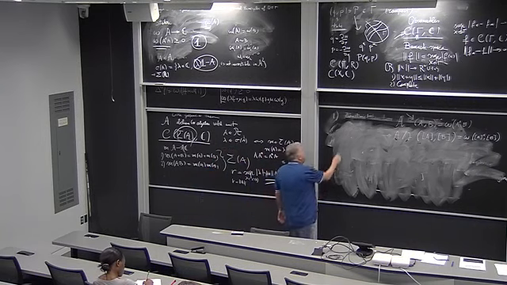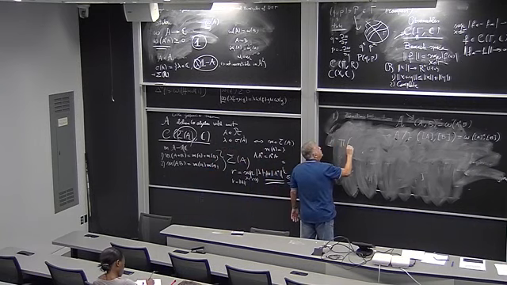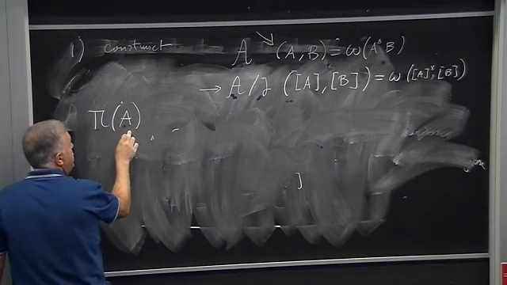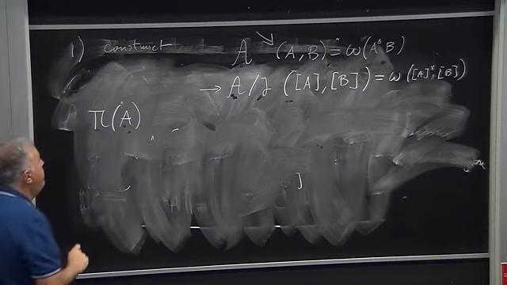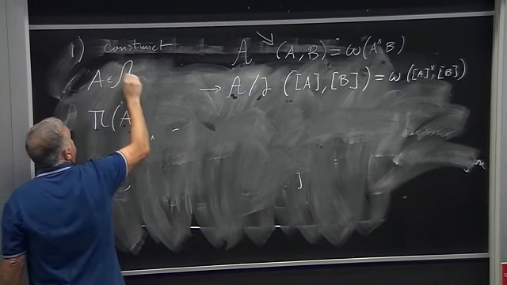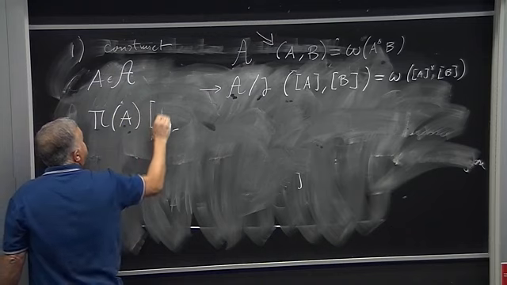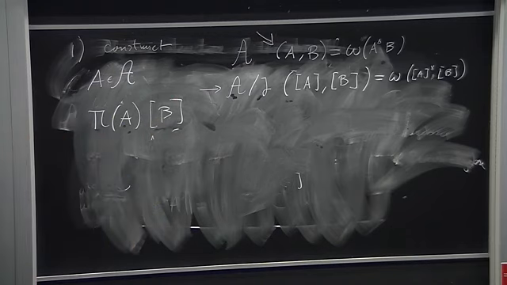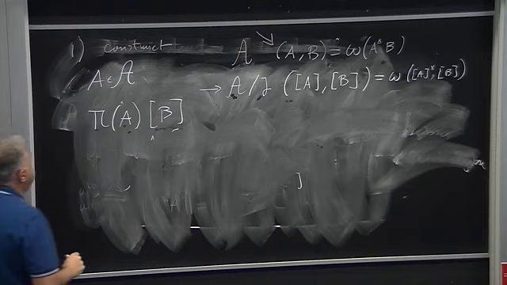How do we define now the representation phi of A, an element of the algebra, on the Hilbert space, state B? This denotes an element of the Hilbert space.